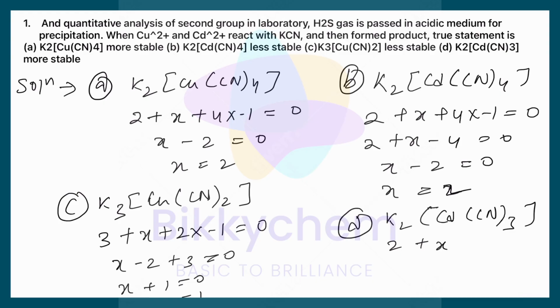Two plus x plus 3 into minus 1 is equals to 0. So x minus 1 is equals to 0, so x is equals to 1. So if we see all these options, the correct answer is C, because minus 1 cannot be the charge, so that's why it is less stable.